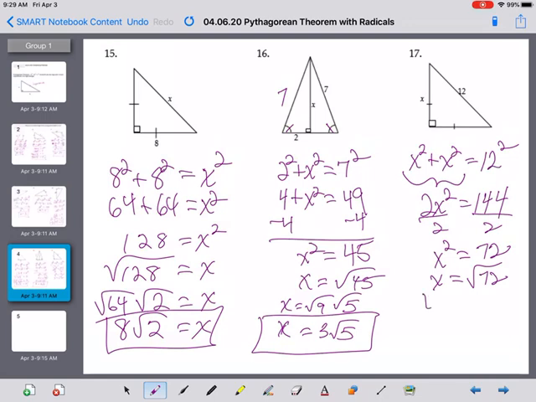Let's take out a 9. So x equals square root of 9 times the square root of 8. The square root of 9 is 3. 3 radical 8. Oh, that simplifies one more step because the square root of 8 has a 4 as a factor. So we have 3 times the square root of 4 times the square root of 2, which will give you 3 times 2 is 6, radical 2.